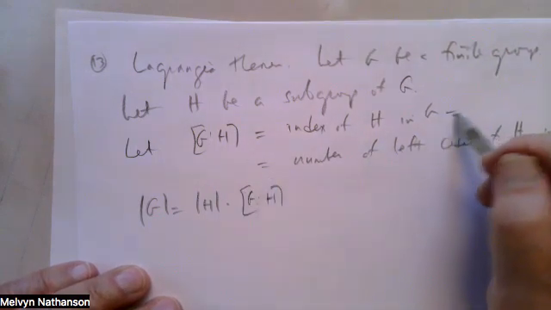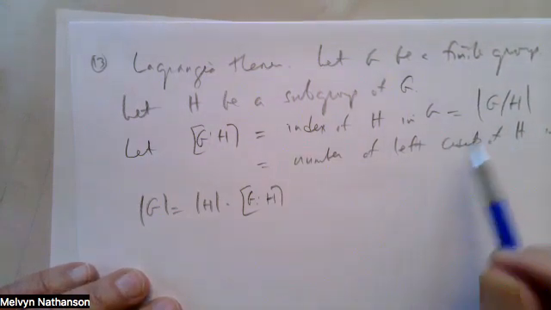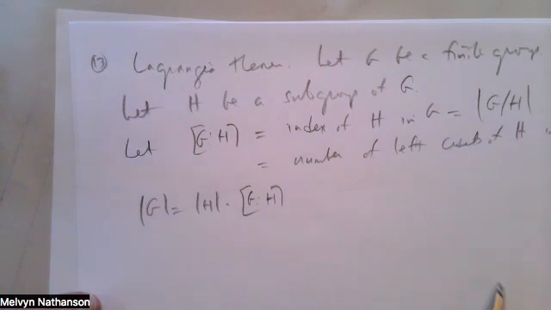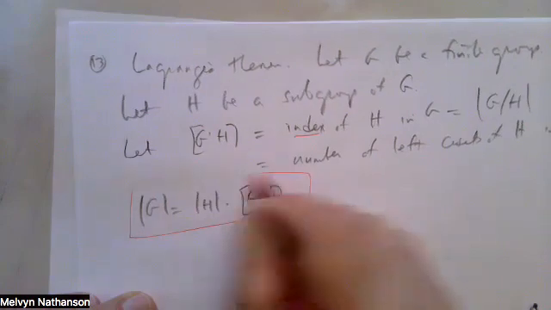Again, if you look at all of the left cosets, the index is just a name for the number of left cosets.